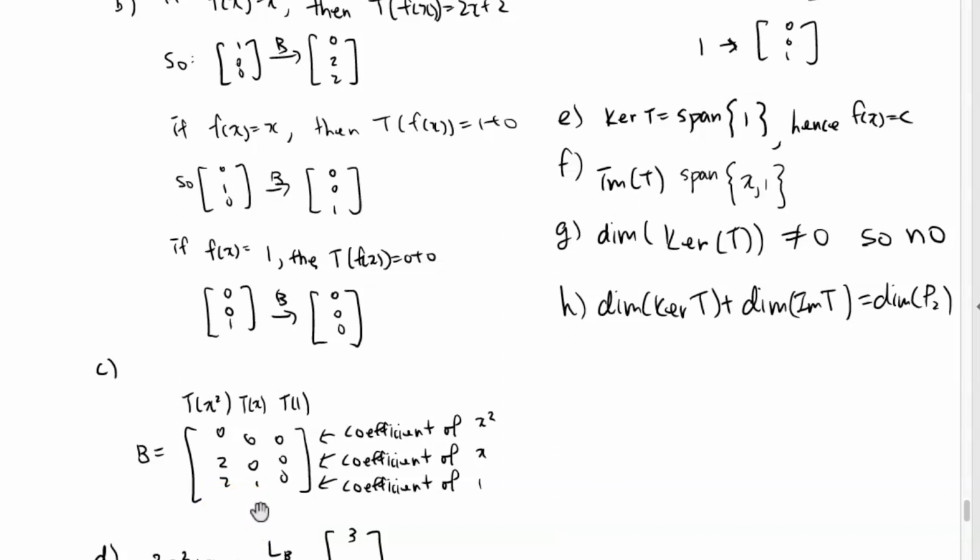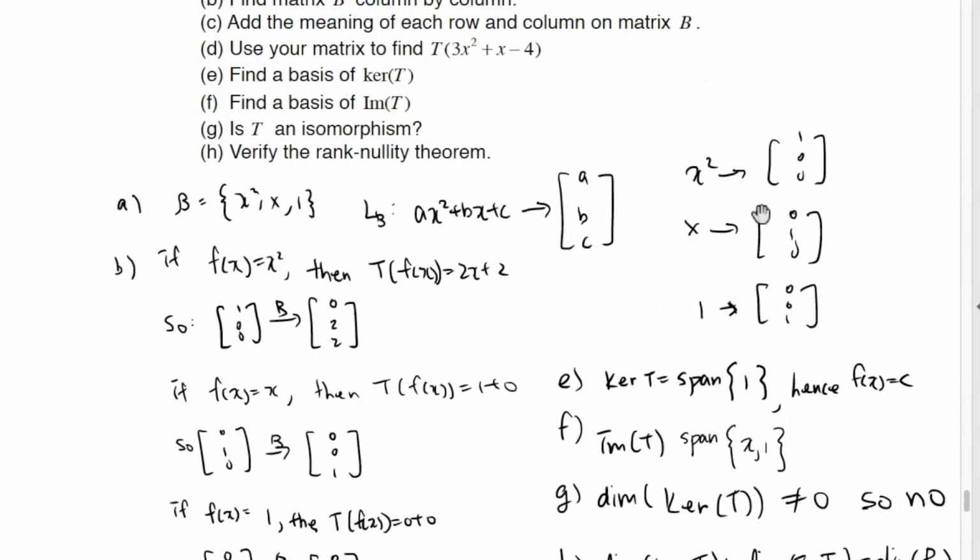That's totally fine. There are different ways of expressing the image. This is the more standard way to just look at the columns of matrix B and say, well, it's the span of 2x plus 2 and 1. What I just said and this here span the same subspace, so both are valid answers.